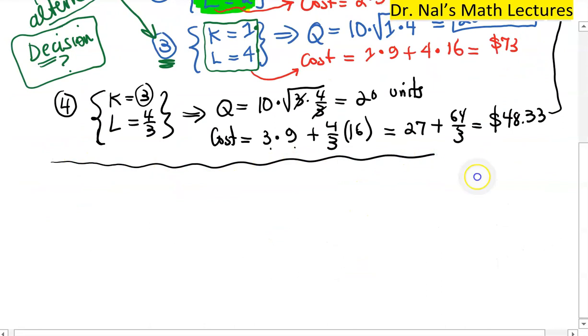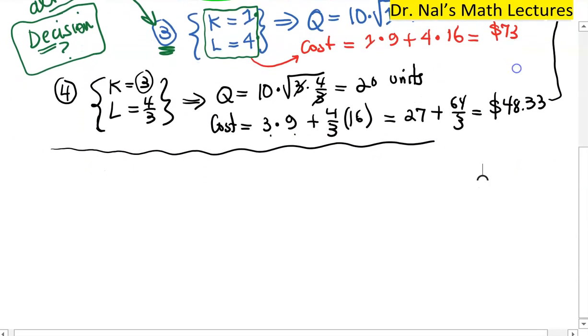And now let's try to go ahead and solve the actual problem, right? So the problem is this. We want to minimize. So this is the actual cost minimization problem now.